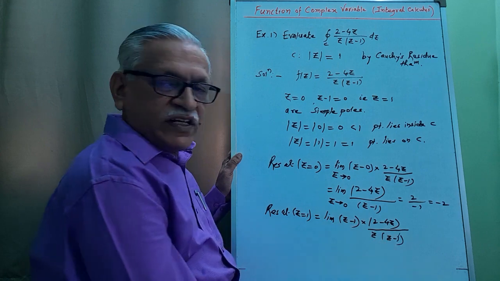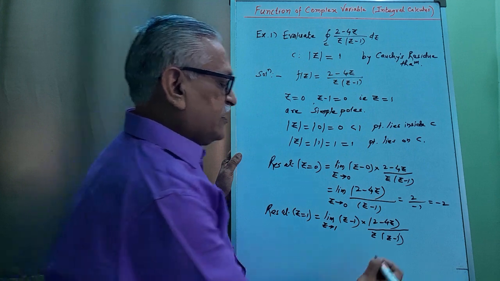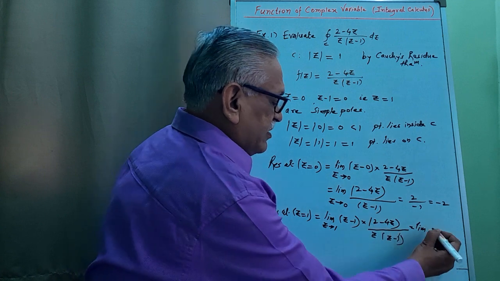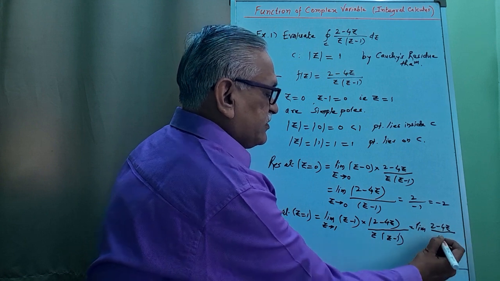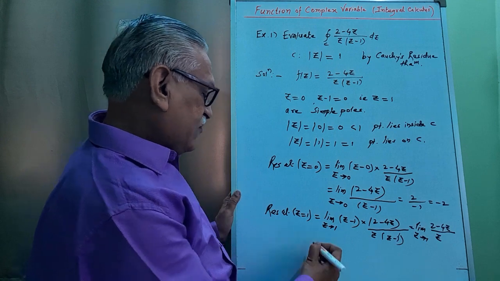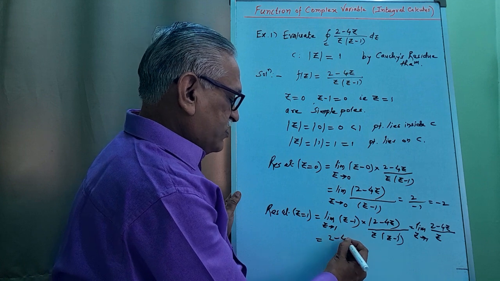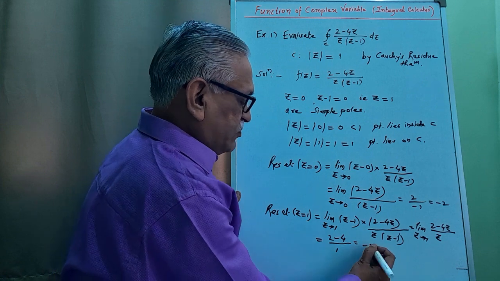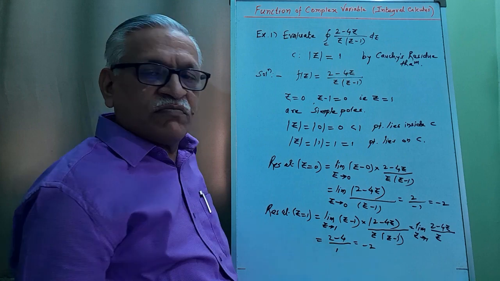The (z minus 1) gets cancelled, and the limit is as z tends to 1. The remaining terms are (2 minus 4z) whole divided by z as z tends to 1. Putting z equals 1 here, we get 2 minus 4 into 1, that is 4, divided by 1, therefore 2 minus 4 gives minus 2. The second residue is minus 2.